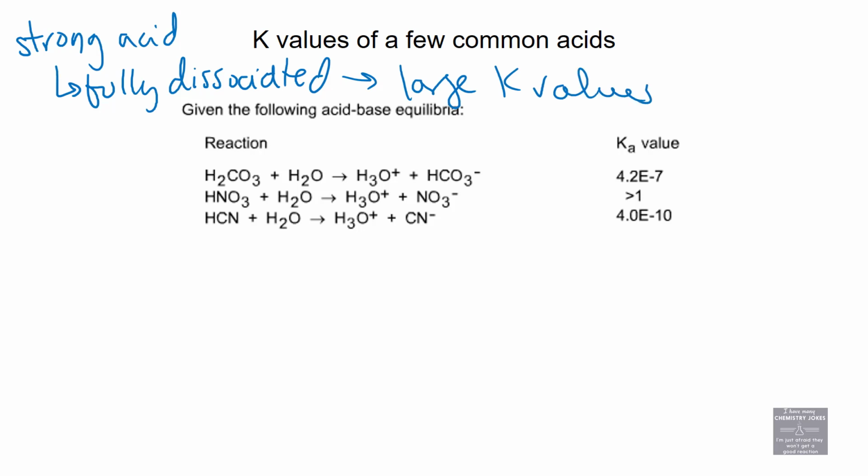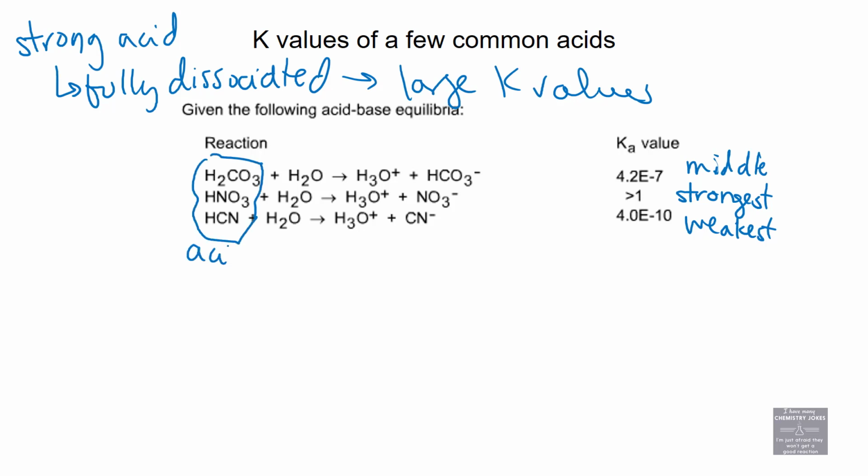So I can actually look at these three values and say, this is my strongest acid, if I'm ranking them on a spectrum. This is the middle. It's officially weak, but it's the middle. And this is the weakest acid.